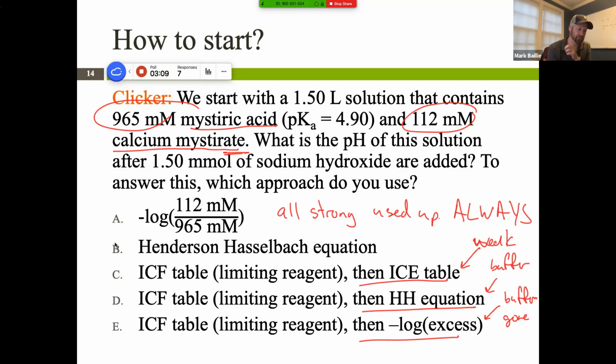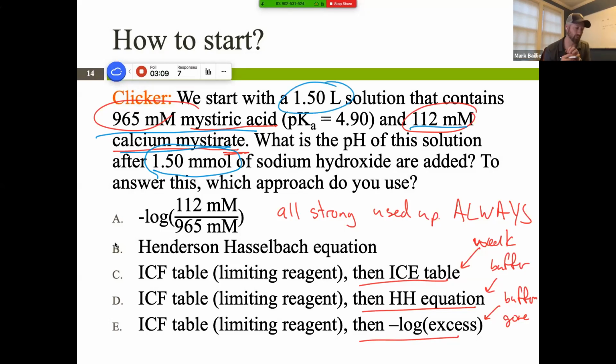So I'll venture to say we're going to have a buffer afterwards. And the reason I think that is 1.5 millimoles of sodium hydroxide. It's a relatively small amount. And these amounts of our acid and of our base are 965 millimoles in 1 liter, and we have more than a liter.